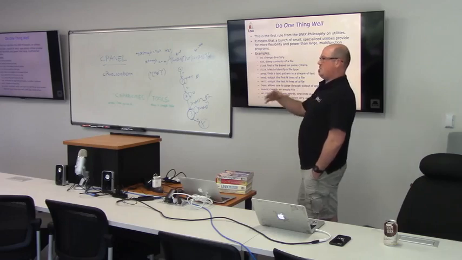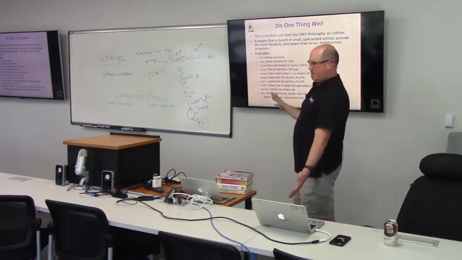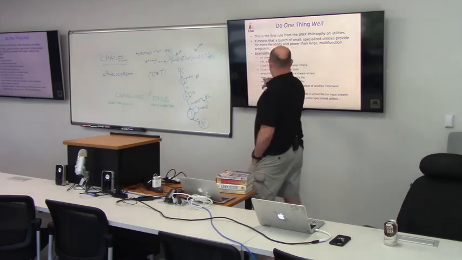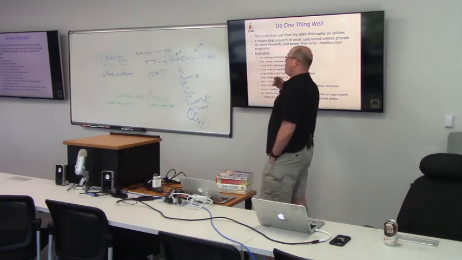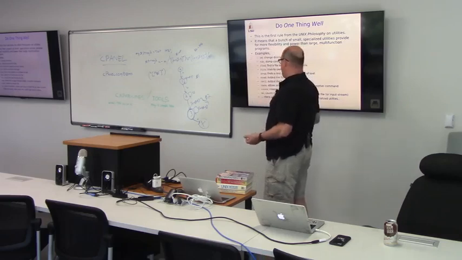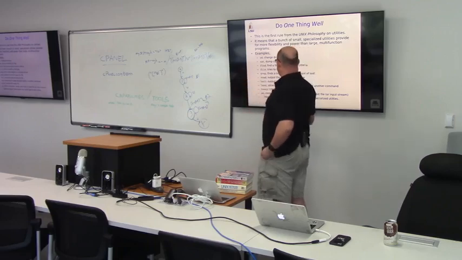Git even has its own grep functionality, so you can search for strings in whatever files are being maintained and tracked. Head, if you just want to look at the first so many lines of a file, you can use head instead of cat. Tail will let you look at the last so many lines of a file.